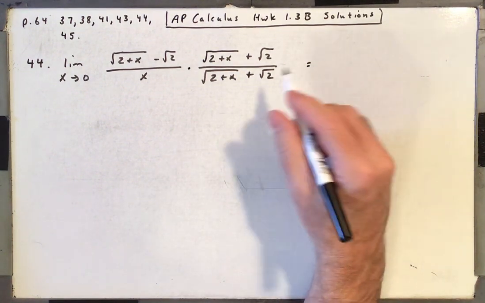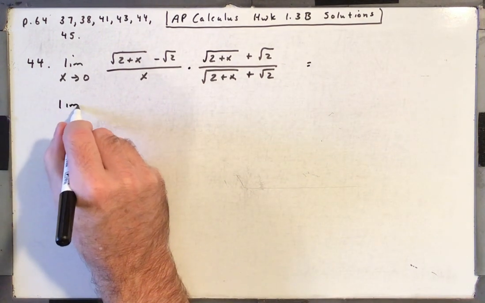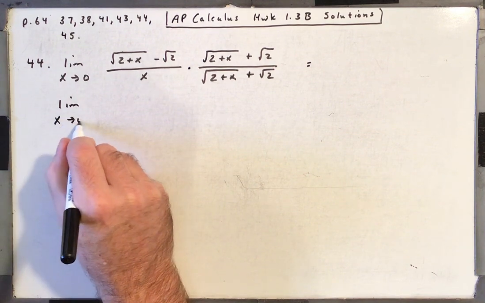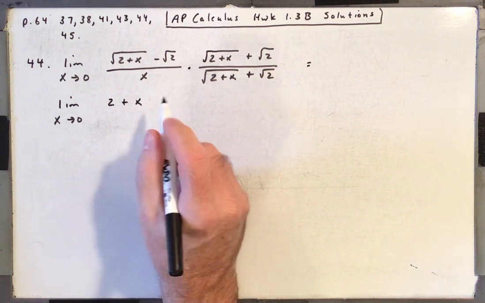All right, so after we FOIL that out, and on this one, probably on the next one I won't show this, but I'll show everything on this one. The first term, 2 plus x.